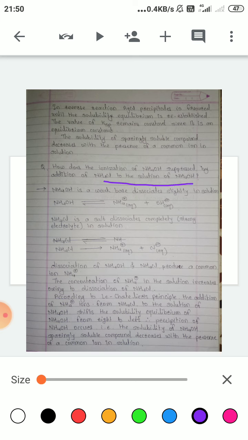Again we have to remember to first identify the acid and salt, or base and salt. Here we have ammonium hydroxide, which is a weak base, and as a weak base it dissociates incompletely, or partially, in a solution.